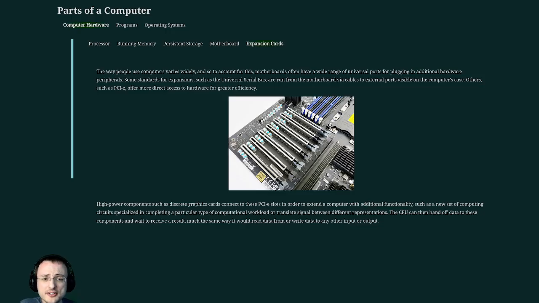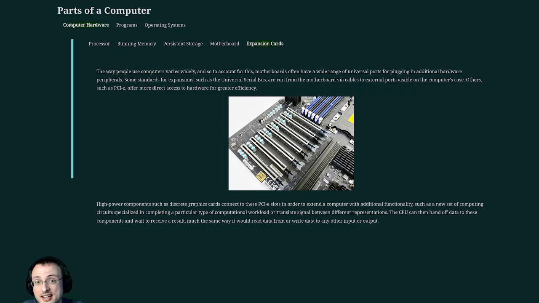So some of these standards, like the Universal Serial Bus, or USB, is a little component that just has a header on the motherboard, and you run a cable out to a case or something else, and then you can hot plug things in and out on your computer as you're using it. Others, such as PCIe lanes like these pictured here, have a more direct access to hardware so that the things plugged in there run a little bit more efficiently, a little bit faster, in exchange for that loss of portability.